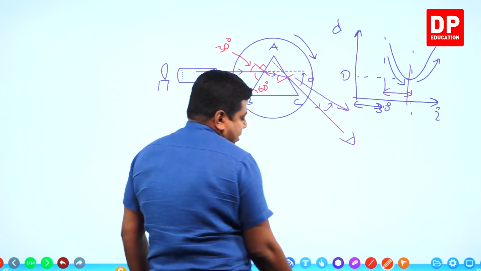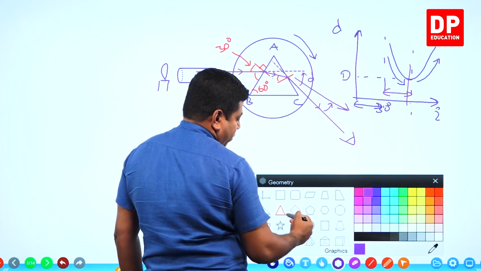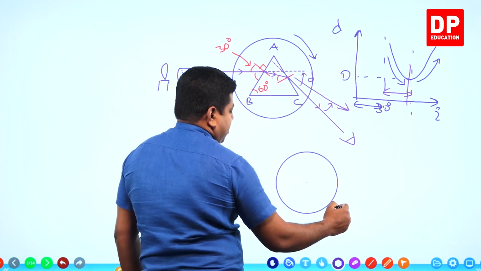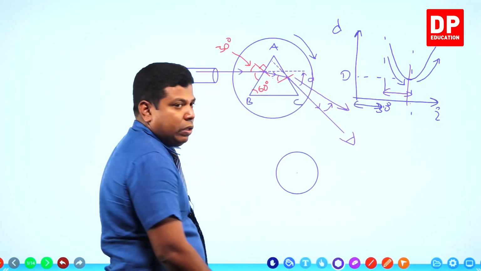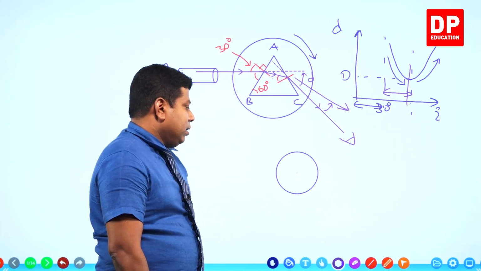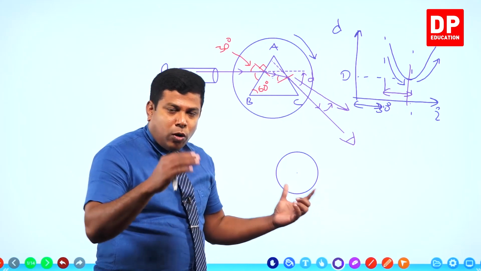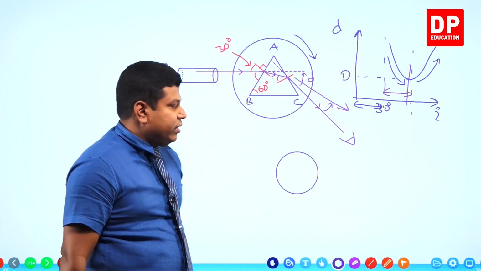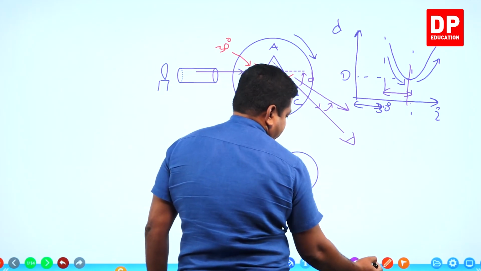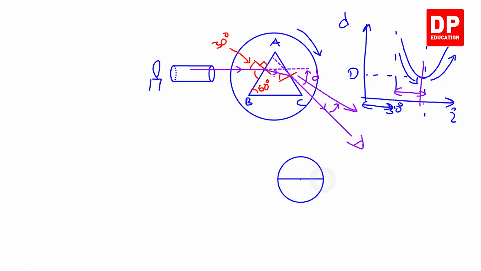Let's say this is the eyepiece. This is the telescope's eyepiece. Through this only you are observing the image of the slit. You will see the crosswires, horizontal crosswire and vertical crosswire.